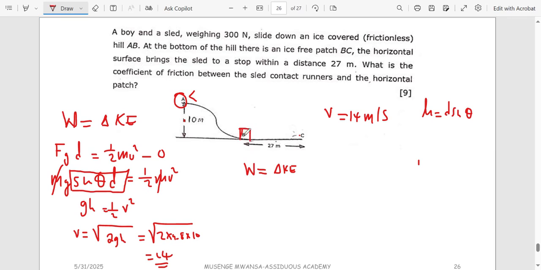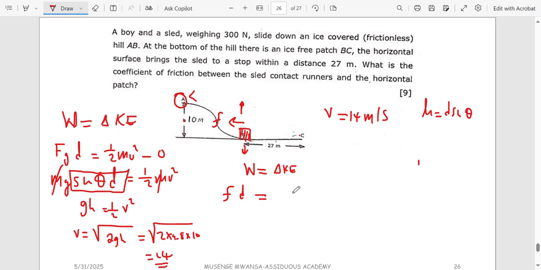What you do is look at the object at this point. What are the forces acting on the object at this point? The only force that you have is a backward force, which is friction. The other forces are up and down, and those are going to give you a work of 0. So therefore, work is going to be friction times displacement.